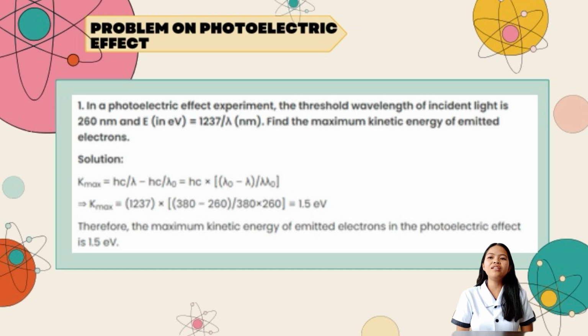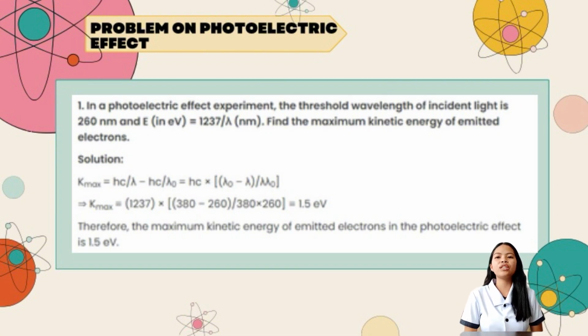Maximum kinetic energy is equal to Planck's constant multiplied by the speed of light divided by the wavelength of light. So we've converted the joules unit into electron volts, or eV, which results in 1237 electron volts, multiplied by the threshold wavelength minus the incident wavelength, which is 380 nanometers minus 260 nanometers.